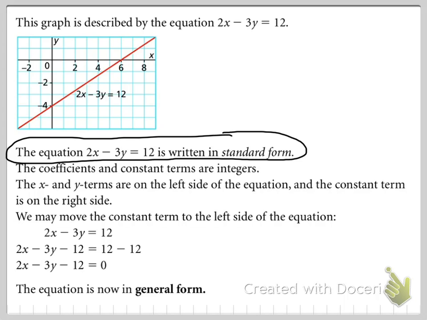We may move the constant term to the left side of the equation. If we subtract 12 from both sides, you would end up with 2x minus 3y minus 12 is equal to 0. And now we have an equation that's in general form.